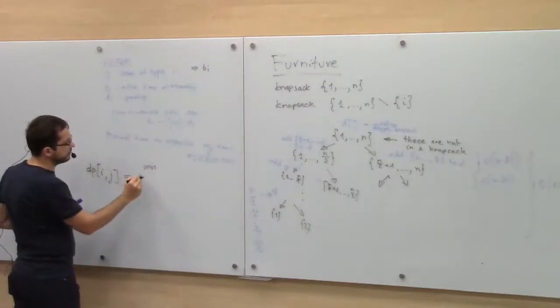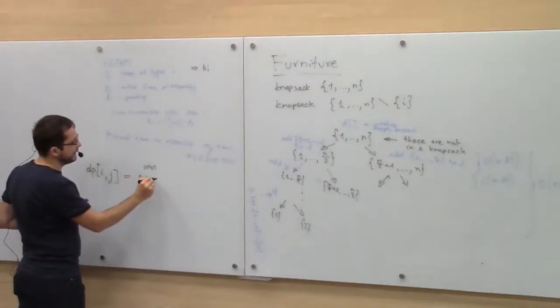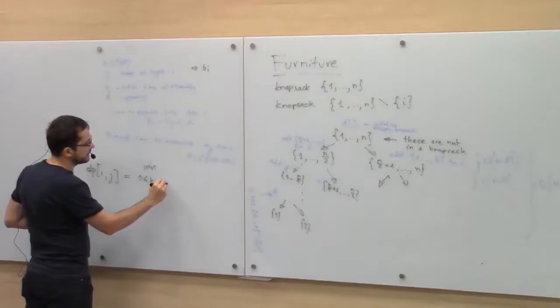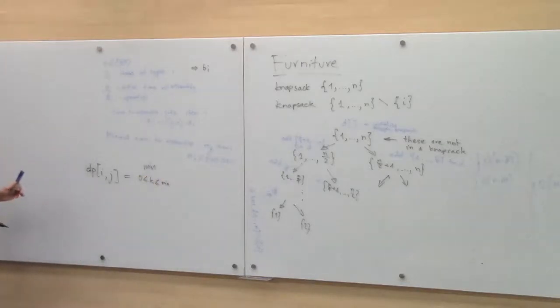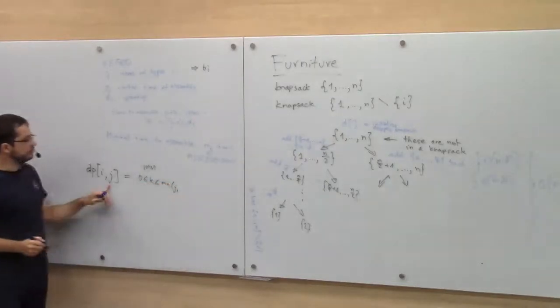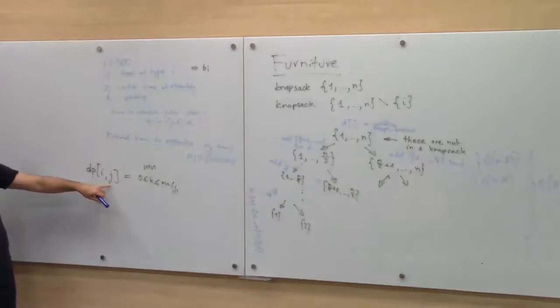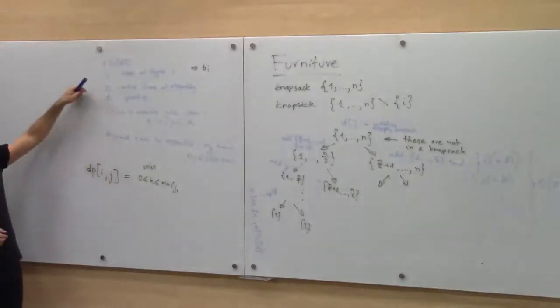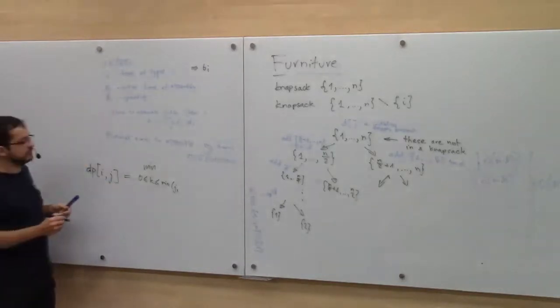We can take from 0 up to the minimum of j, because we still need to assemble j items, and c_i, because we have at most c_i items of type i.